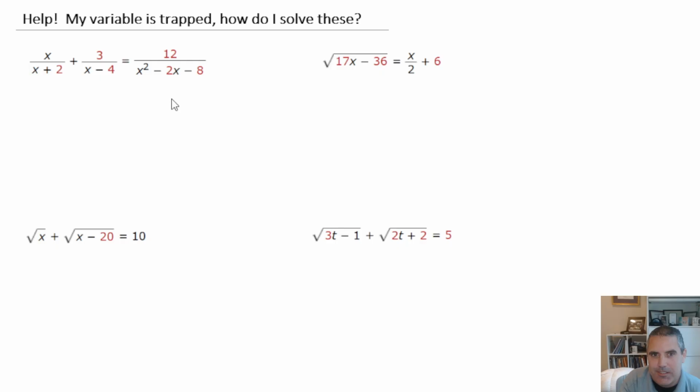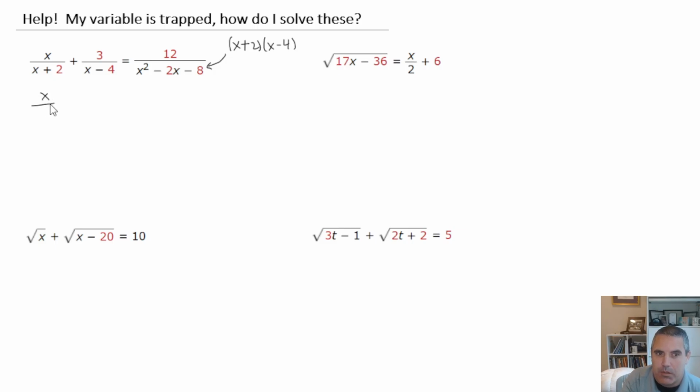This one, you can do a few different things. You might even notice that this denominator factors, or you might be suspicious that it does. Two numbers that multiply together to give you -8 and add together to give you -4, it exactly matches the other side. So I would argue that this one's a little different than the others.